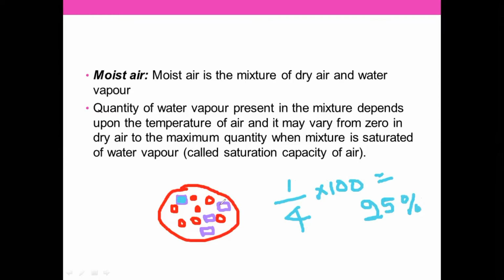If the water fills two boxes, it becomes 50%. If 3 boxes, it will be 75%. If all the boxes are filled, it will be 100% saturated. If we add one more box of water vapor, it cannot hold it, it simply rejects it. So this is the meaning of saturation.